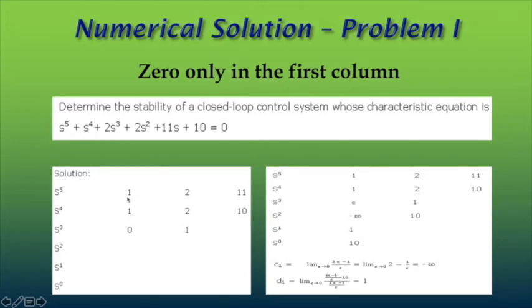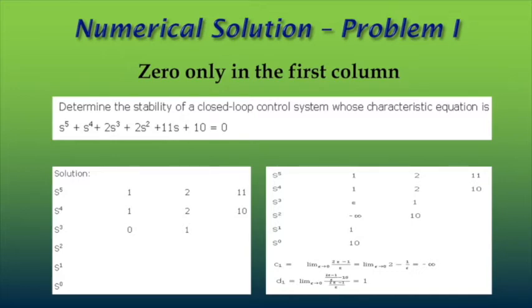The coefficients are 1, 2 and 11 in the first row, and 1, 2 and 10 in the second. Then calculate B1: 1 into 2 minus 1 into 2, divided by 1, that is 0. And this is 1 into 11 minus 1 into 10, divided by 1, so this value is 1. So this is the 0 in the first column.